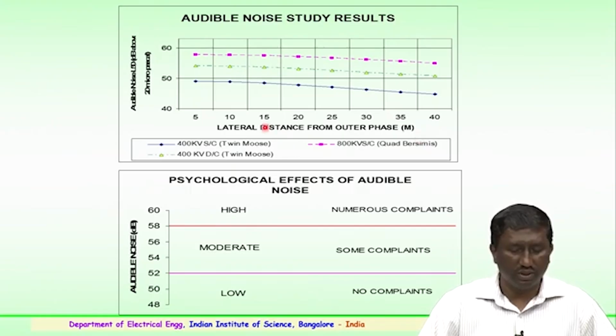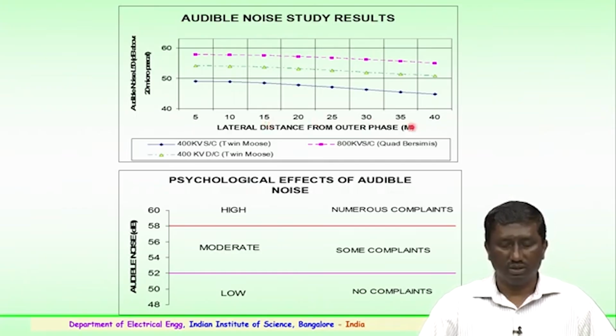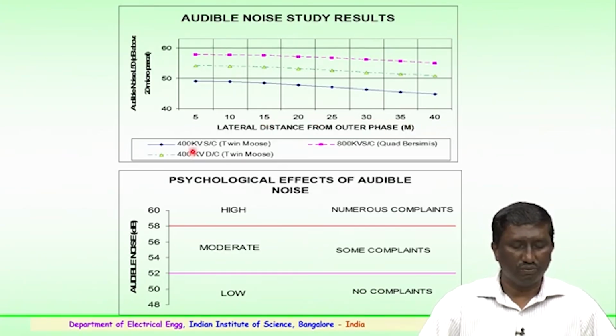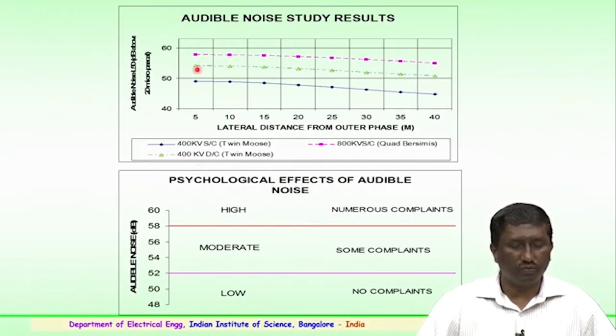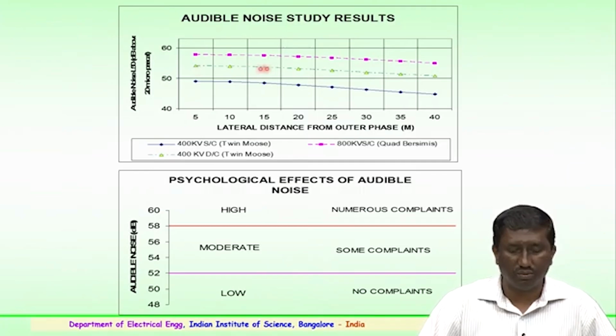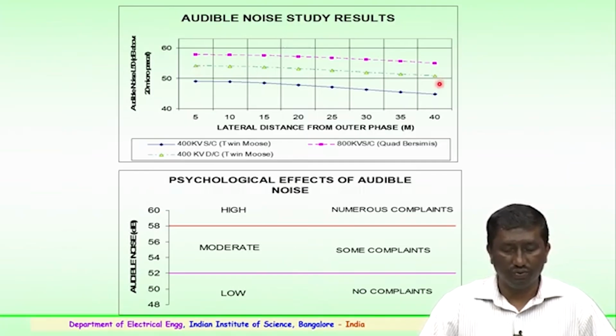It is very clear that if you move away from the tower, in case of 400 kV single circuit twin MOOSE, it reduces from 48 decibels to a lower level. Similarly, for 400 kV double circuit, from 54 to 55 decibels it decreases to somewhere around 50 dB.